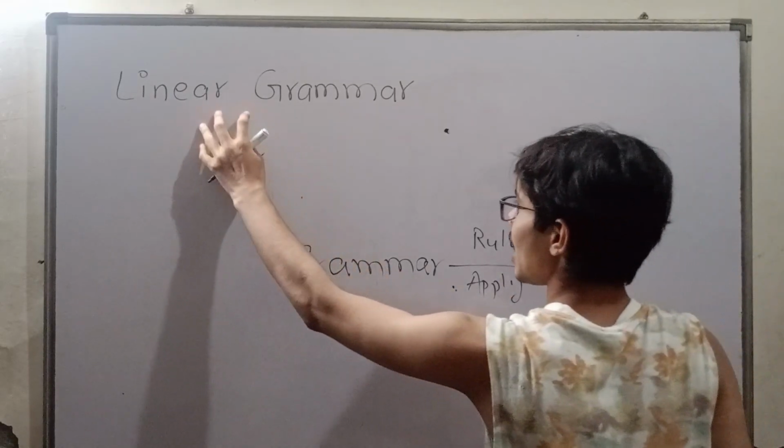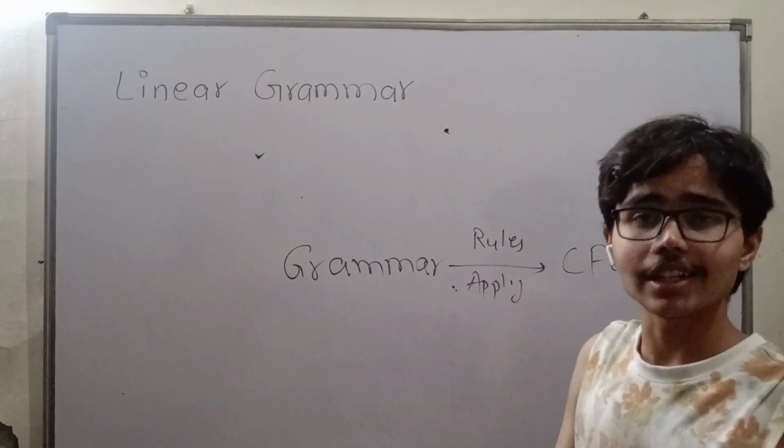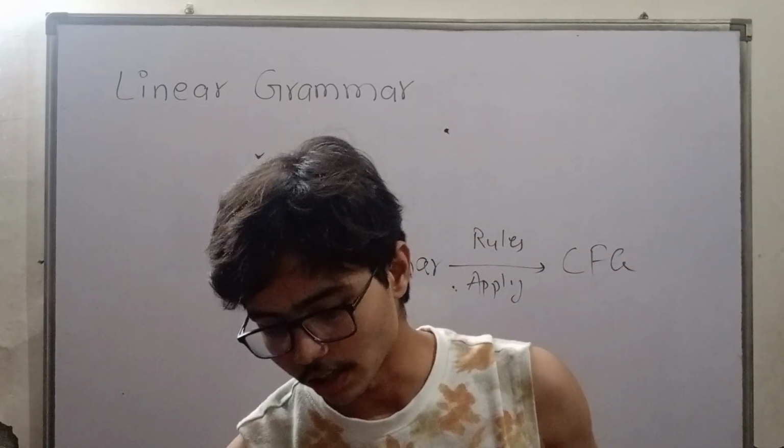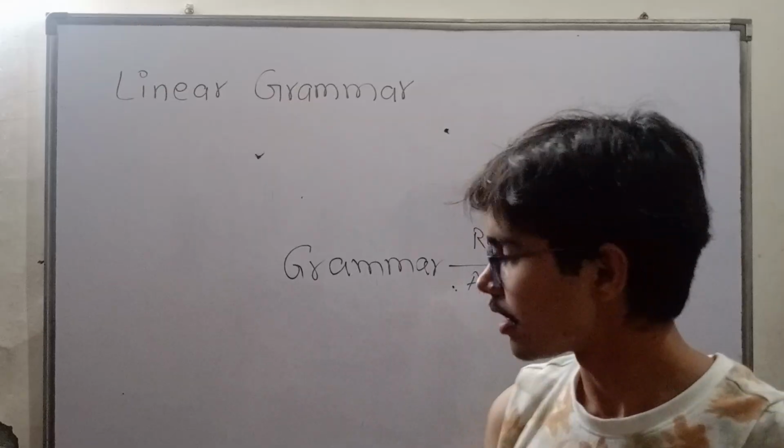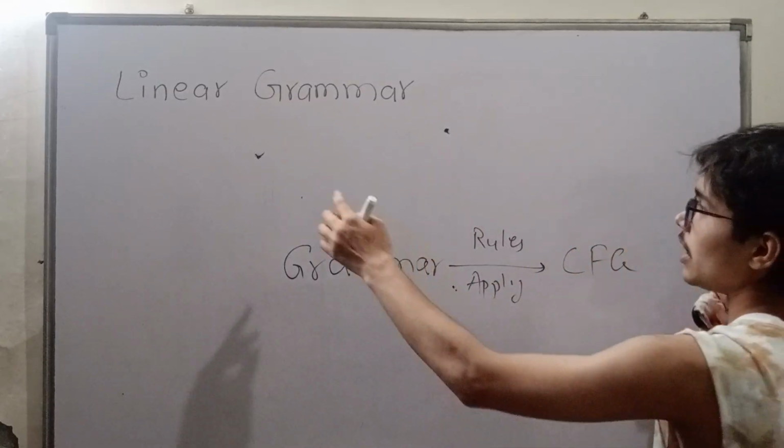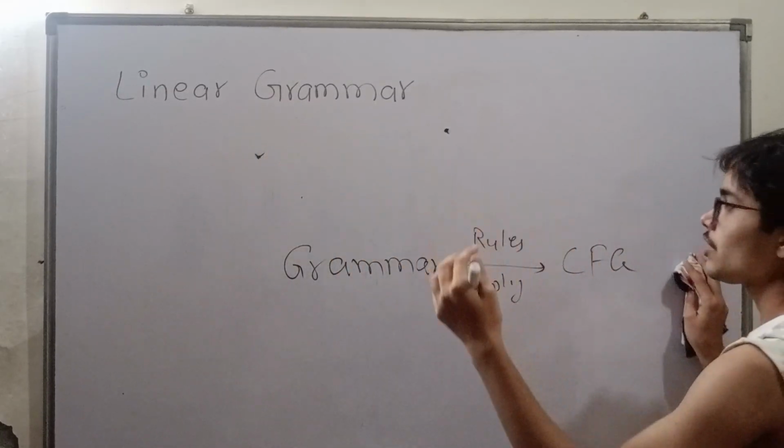So what happens in linear grammar? Linear grammar also contains some rules and restrictions, and it results in a context-free grammar. So linear grammar is a kind of context-free grammar.